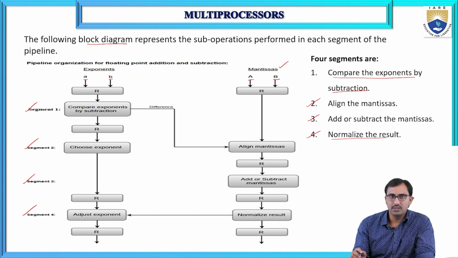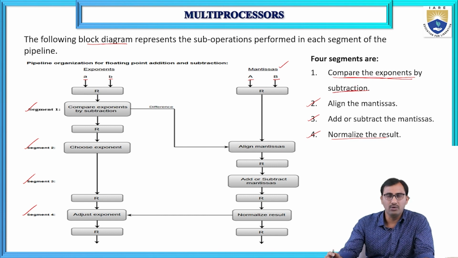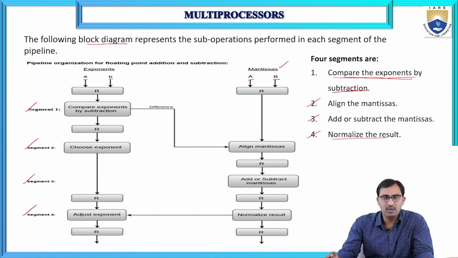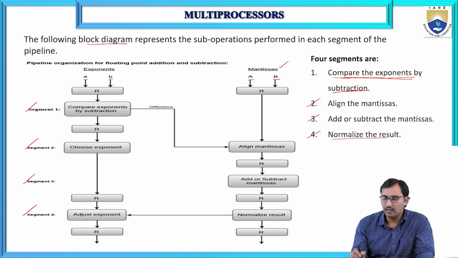The first operation is to compare the exponents by subtraction. In order to perform addition or subtraction, the exponents should be the same. We check whether the exponents are the same by comparing them, and comparison is nothing but performing subtraction.